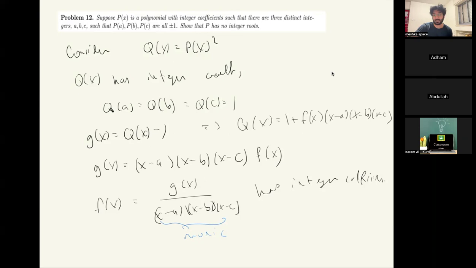Now, how do we finish the problem? We want to show that it has no roots. The roots of q and the roots of p are the same because one is the square of the other. So it's enough to show q doesn't have any roots. Why does q not have any roots?